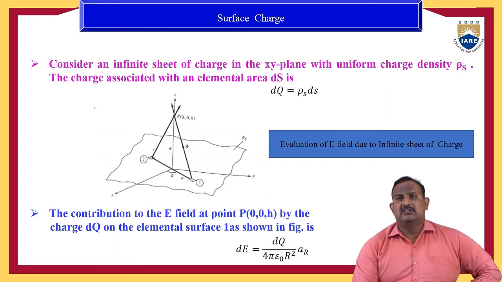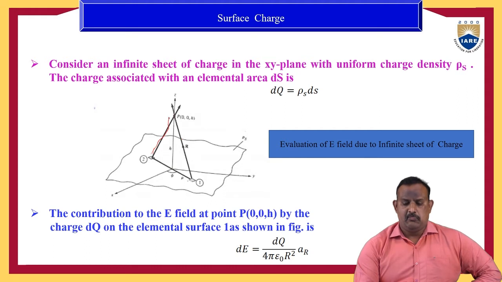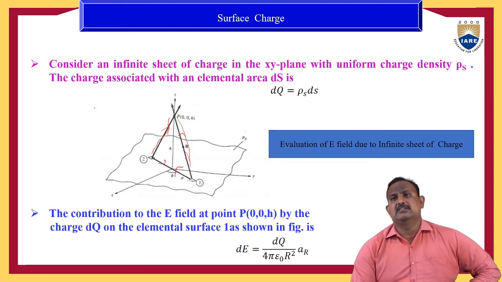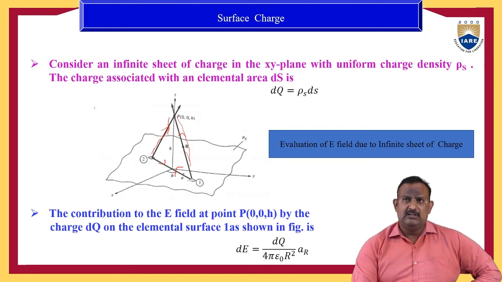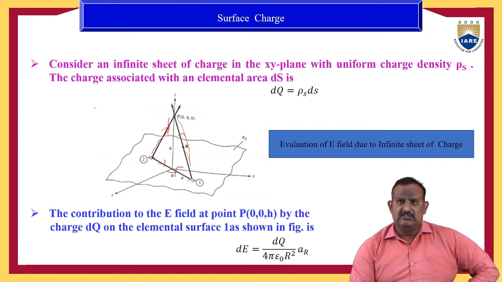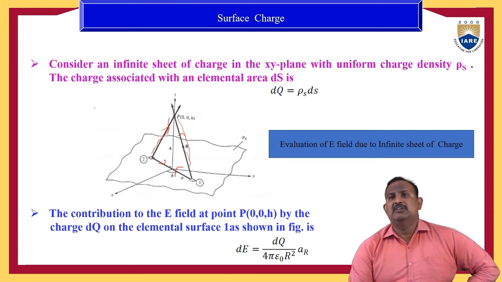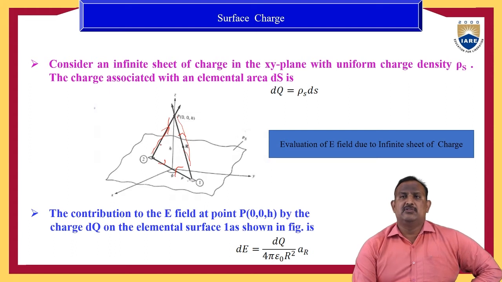These two sides are located along the same direction, like this, and this side is opposite to the other two sides. According to vector notation, the sum of these two sides will give the third side.